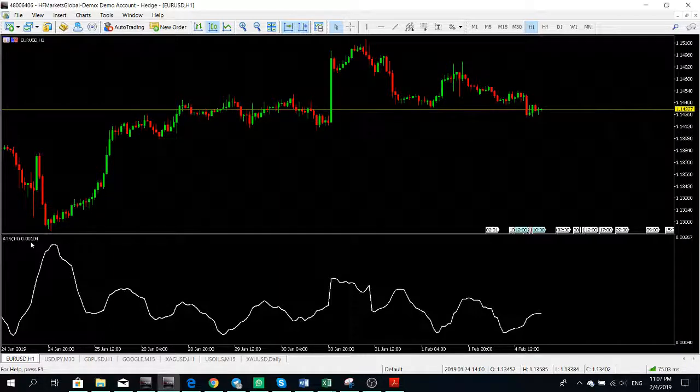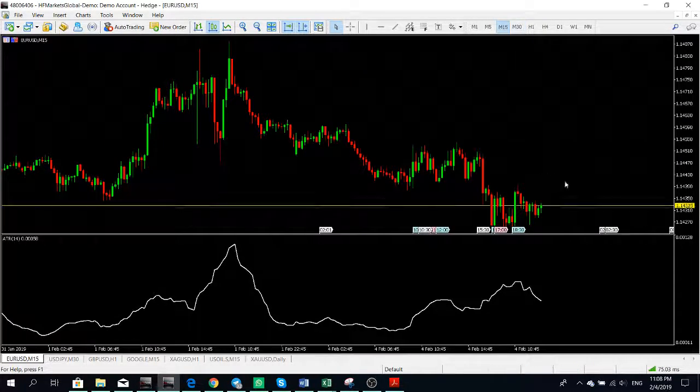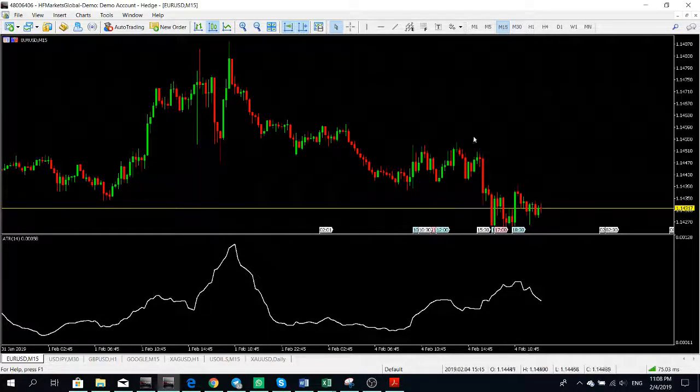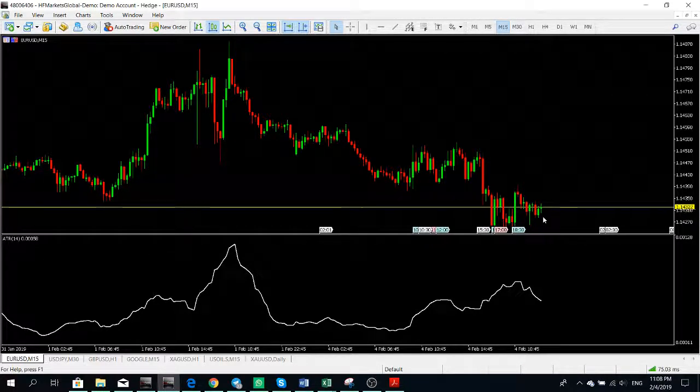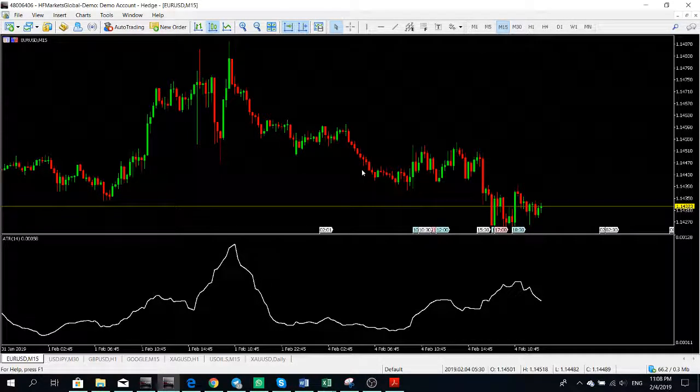If you had 10 pips of range movement in the last hour, and you want to buy something within the next hour, for short-time trading, you can set your stop loss at 20 to 30 pips.